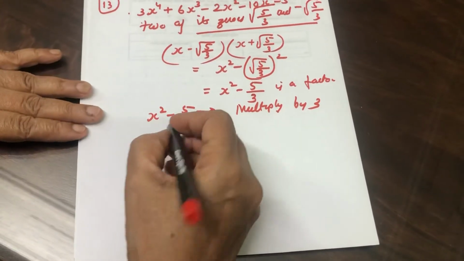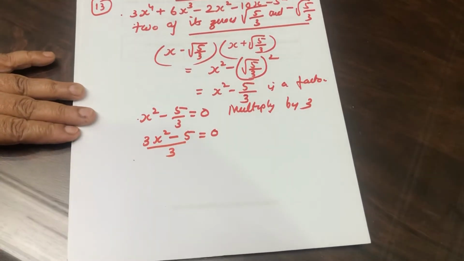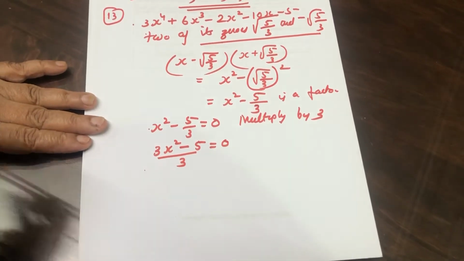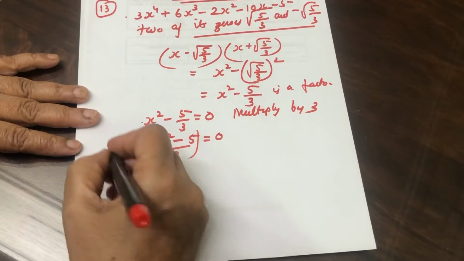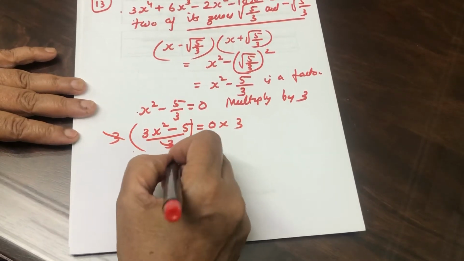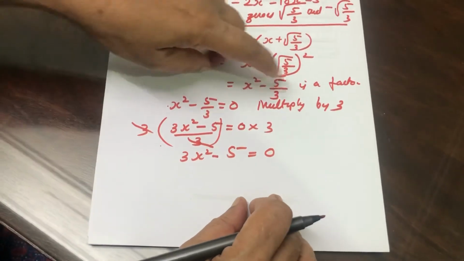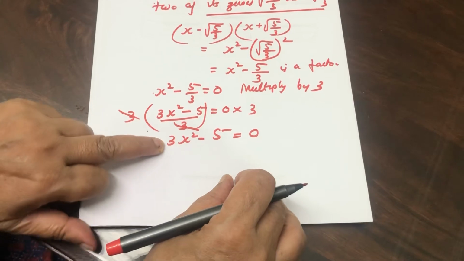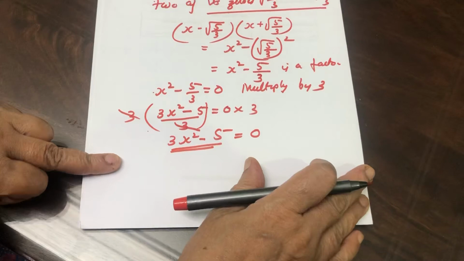Multiplying both sides by 3, the 3s cancel. It is 3x squared minus 5 equal to 0. Therefore, instead of x squared minus 5 by 3, you can take 3x squared minus 5 as a factor.